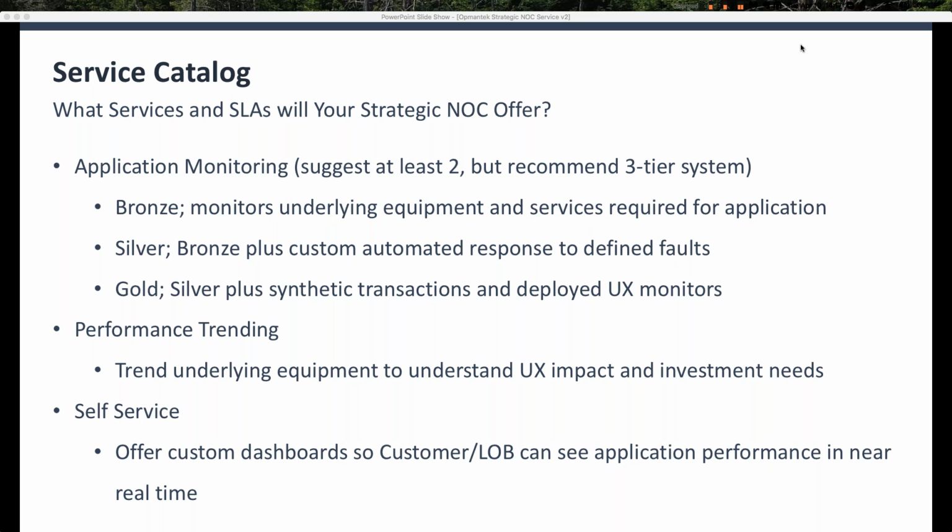But at the end of the day, what you care about is, are you delivering that application in a way that meets the user's requirements? So starting off, you might define the bronze level as monitoring the underlying equipment and services required for applications.